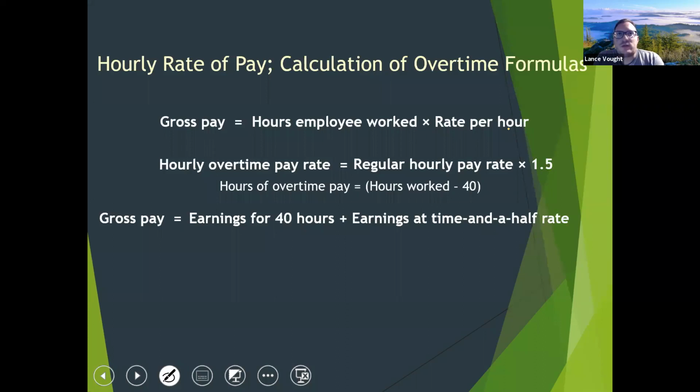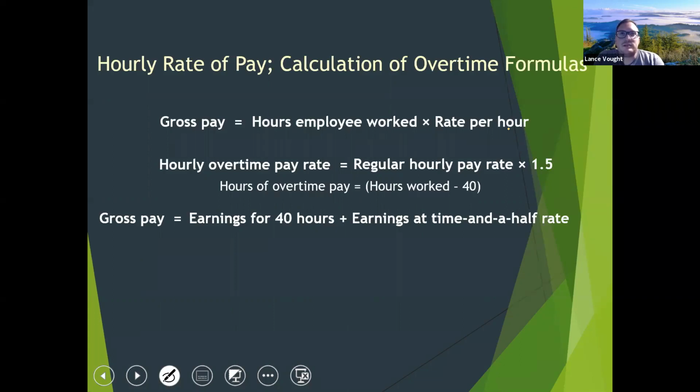However, if you work over 40 hours a week, you get time and a half. So if you're making $10 an hour, for those overtime hours you get paid $15 an hour. To calculate your overtime pay, you take the hours you worked minus 40, which gives you your overtime hours, and multiply that by 1.5 times your wage rate.